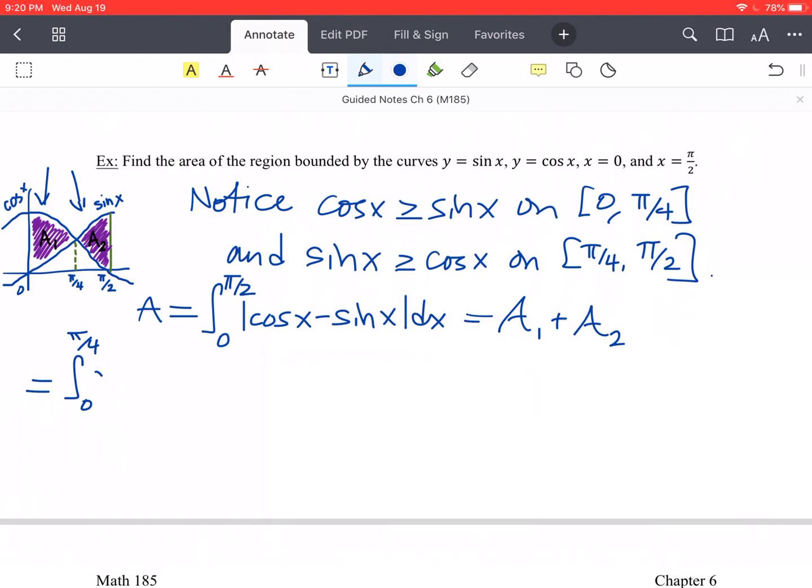And this one, cosine's on top, so cosine x minus sine x dx, plus from pi over 4 to pi over 2. This time sine is on top, so sine of x minus cosine of x dx.